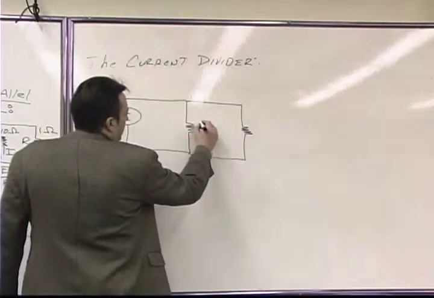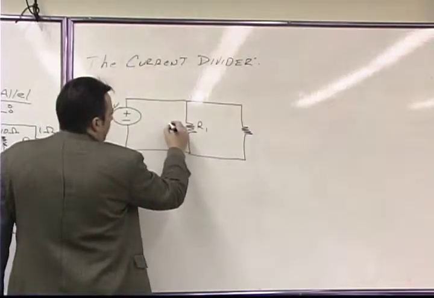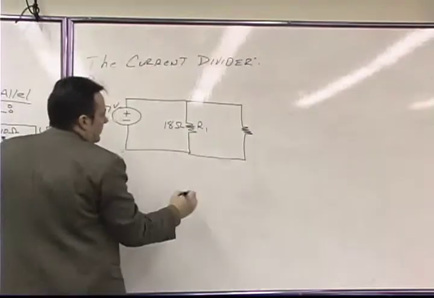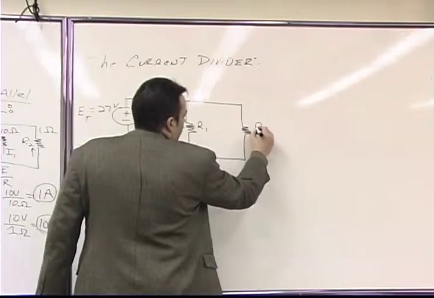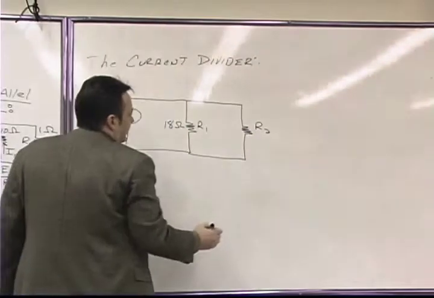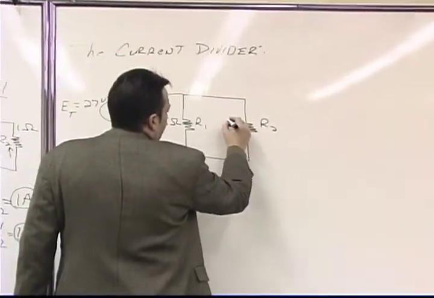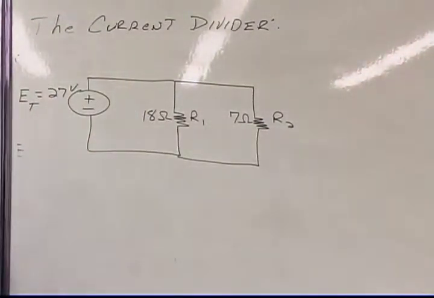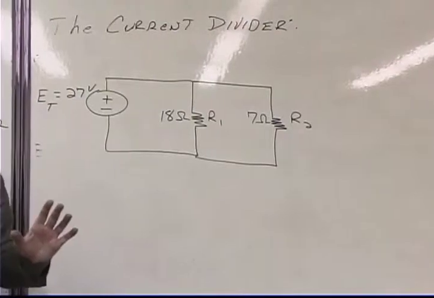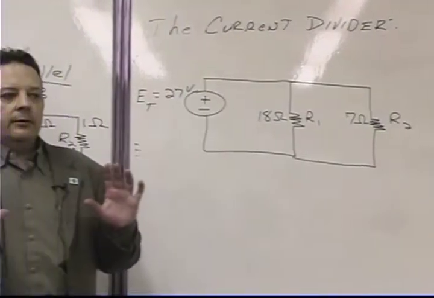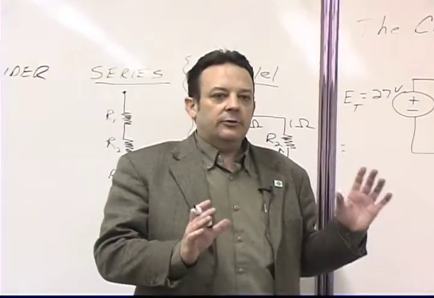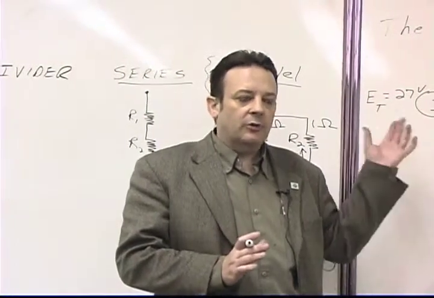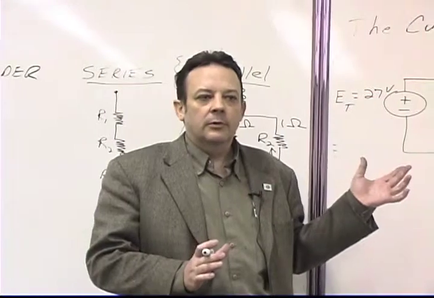The value for resistor 1, let's say that is 18 ohms. And the value for resistor 2, let's say that is 7 ohms. So we don't have nice, easy, even numbers, but the method that we use to figure out what the current is in each branch, and thus the total current, is still the same.